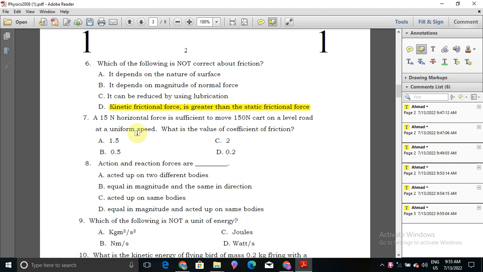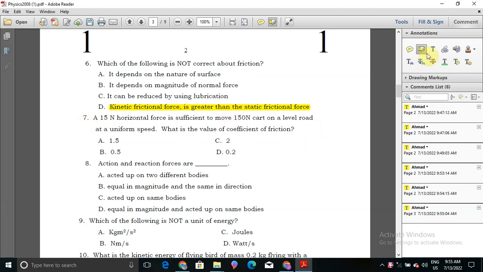Okay, now in question number 7, it says a 15 Newton horizontal force is sufficient to move a 150 Newton cart on a level road at a uniform speed. What is the value of the coefficient of friction? Actually, in question number 7, there is an error: the answer is not among the choices, because the answer will be 0.1. Why?